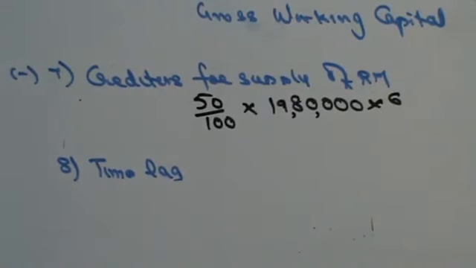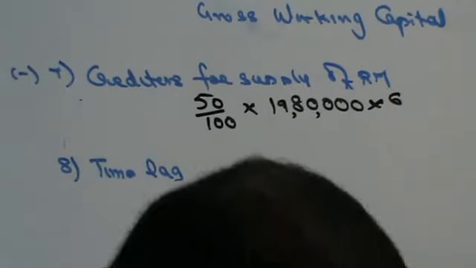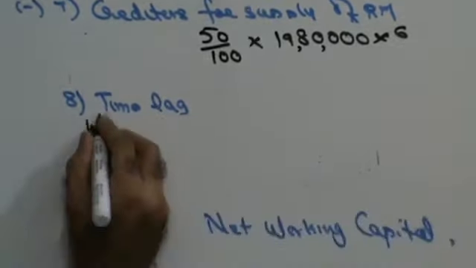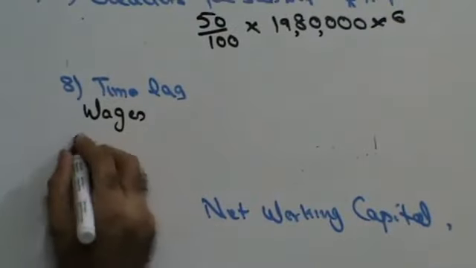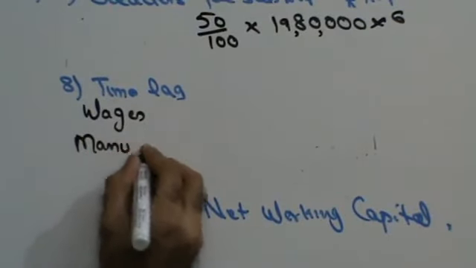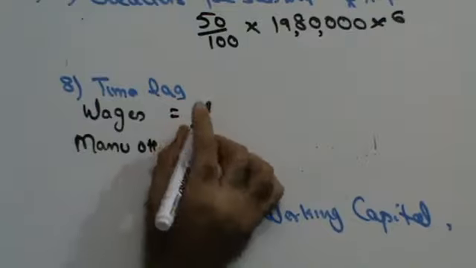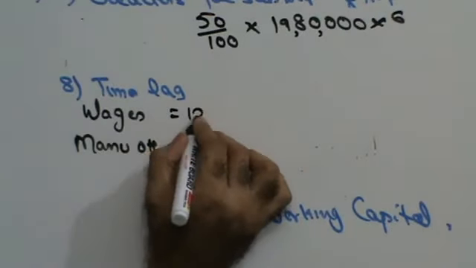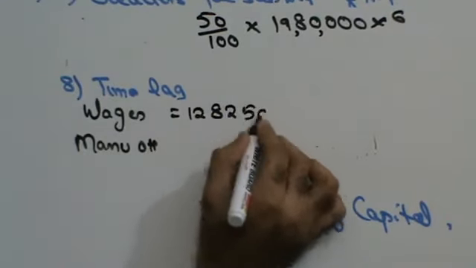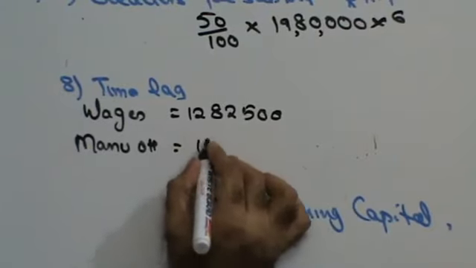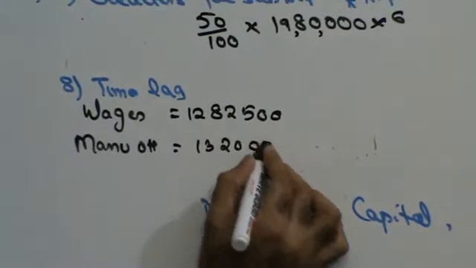Next, wages and manufacturing overheads remain outstanding for 2 weeks. Wages is 12 lakh 82,500 and manufacturing overheads is 13 lakh 20,000.